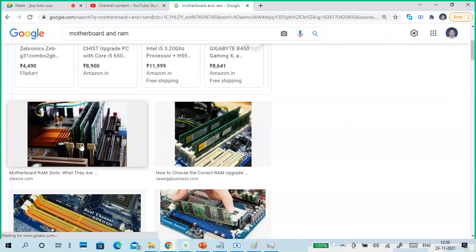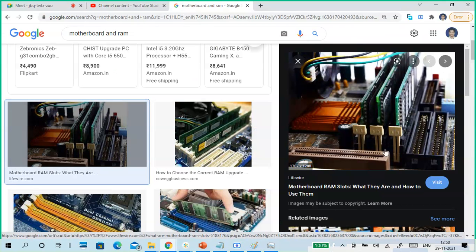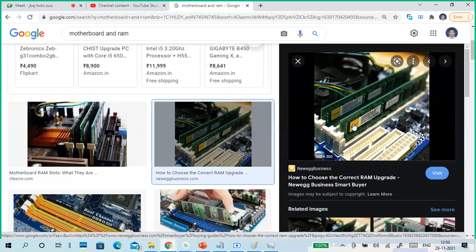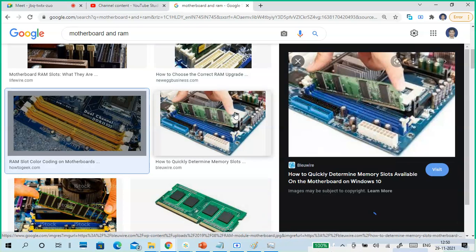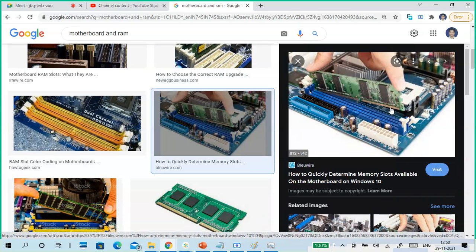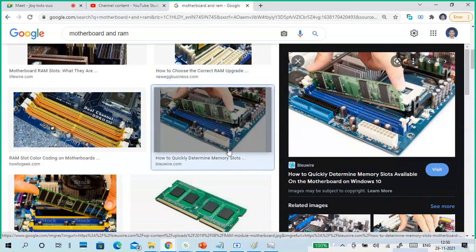See, here it is. This is the main motherboard and they have inserted a RAM like this. If you are not familiar with the computer's internal components, at least you can view from here how we can insert a RAM into the RAM slots.